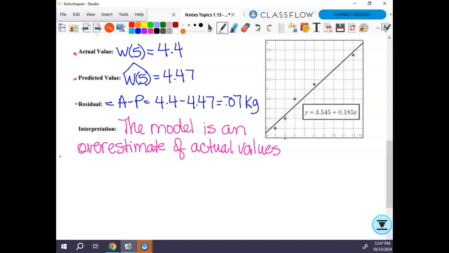No. Depending on where we are, here it was an underestimate. This is why we have to be more specific, because our statement right now makes it sound like it's always an overestimate. We only know for sure at one time, and that would be at t equals 5 weeks. Okay? And that's why you have to be specific about that type of stuff.